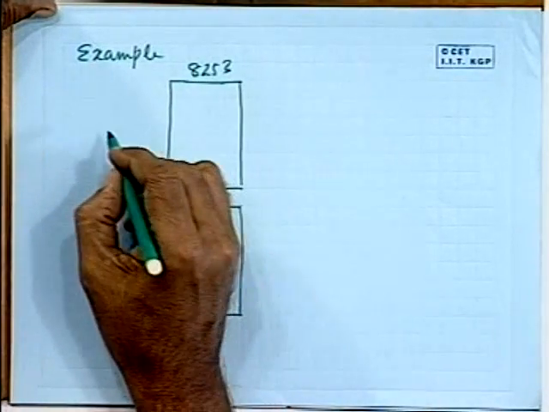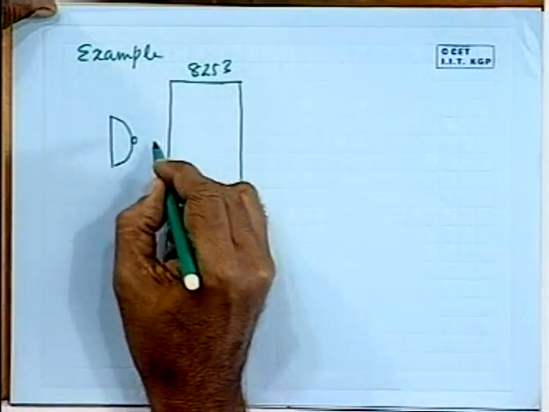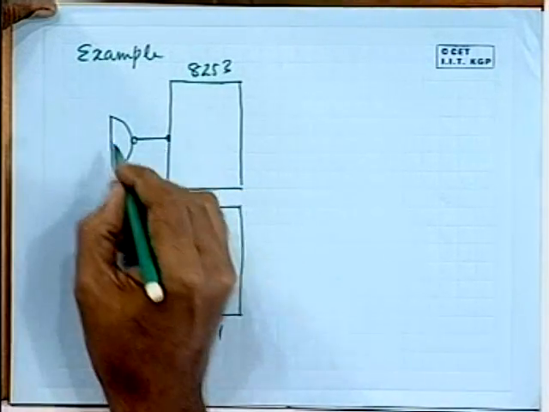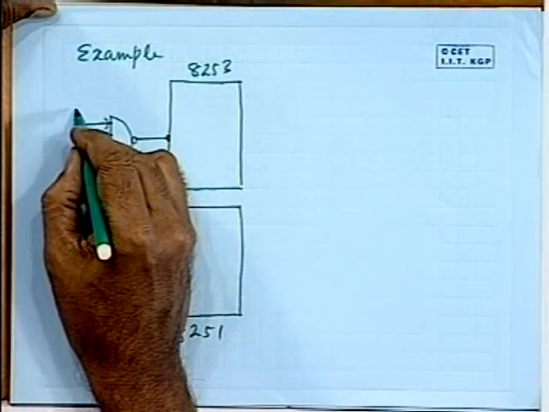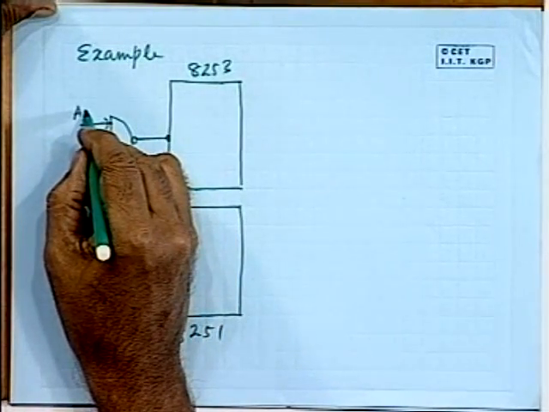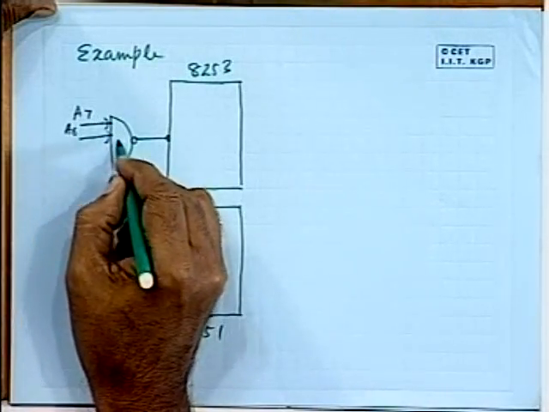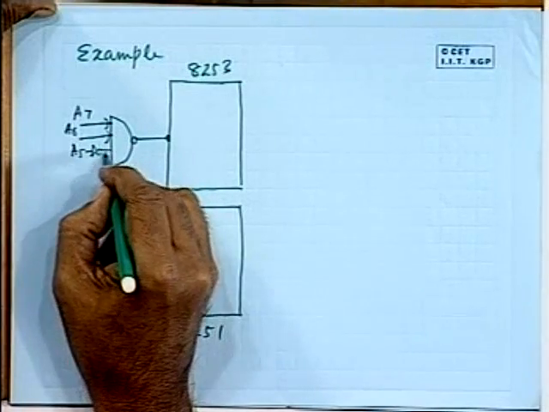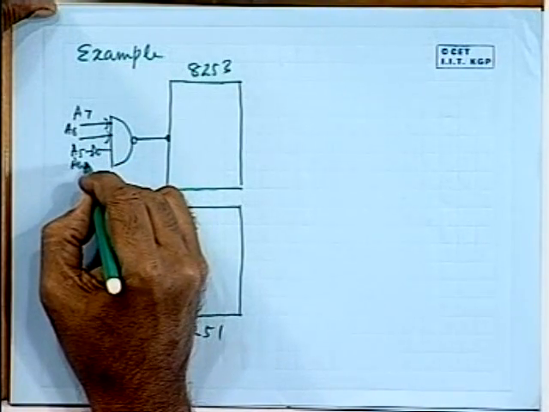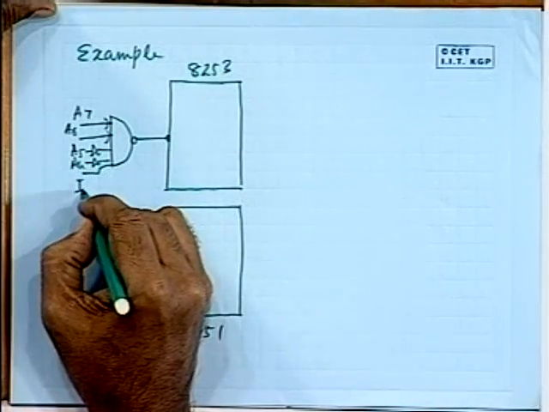Let's assume the address assigned to this 8253 is based on these inputs of the decoder circuit: A7 and A6 are connected directly to this NAND gate, A5 is connected through an inverter, A4 is connected through an inverter, and IOM is also connected to this input.